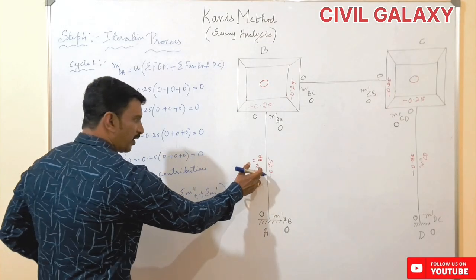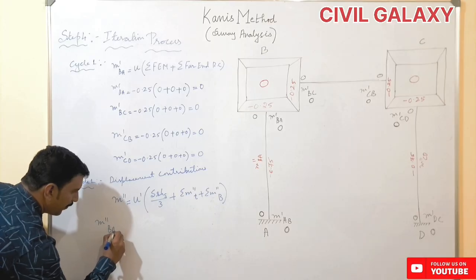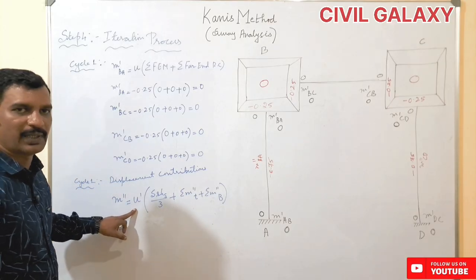Now if I want to find the value of m double dash BA, here u dash is represented by the displacement factor.